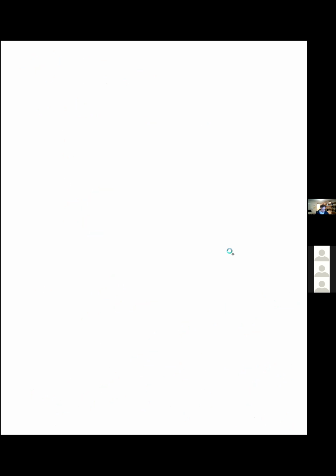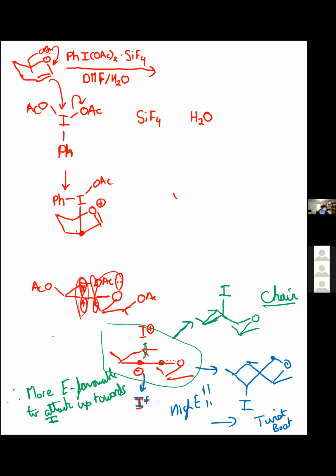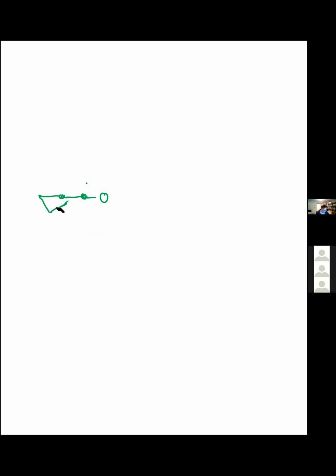Okay. So I'm just going to draw the carbons and the oxygen. Did I just draw the wrong one? Yes, I did. That's going to give us the bad boat or bad chair, because everything's going to be axial.